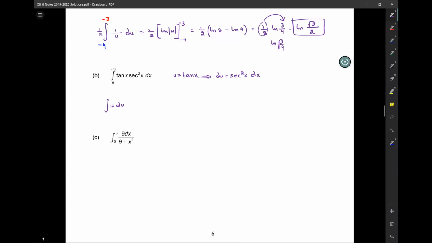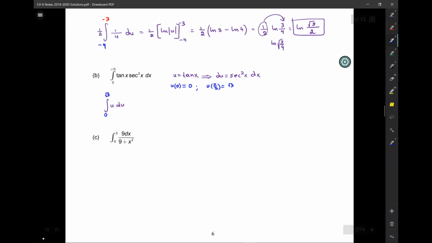So now what about the bounds though? The bounds are going to be u of 0, which is tangent of 0, which is 0. U of pi over 3, which is tangent of pi over 3, which is root 3.